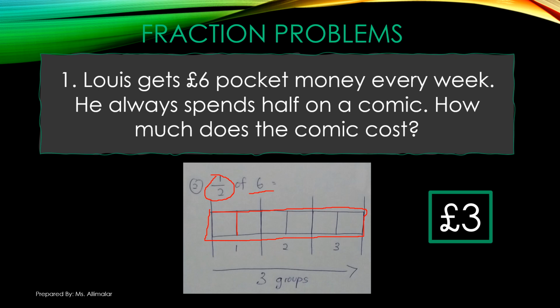1, 2, 3, 4, 5, and then the last one is 6. So how many boxes? 6 boxes. Now what you have to do is look at the number down here.